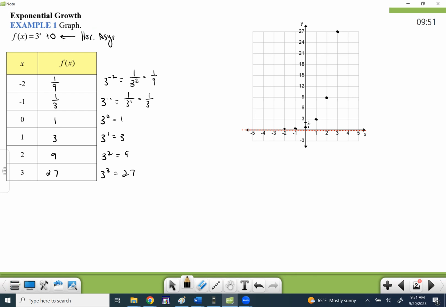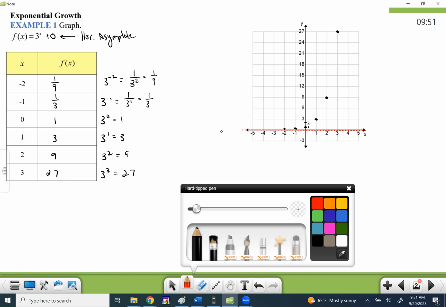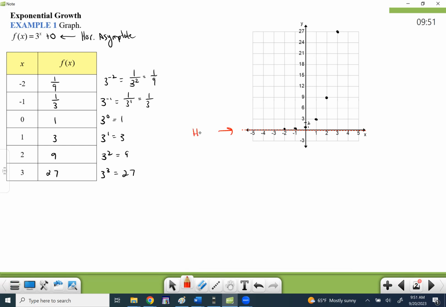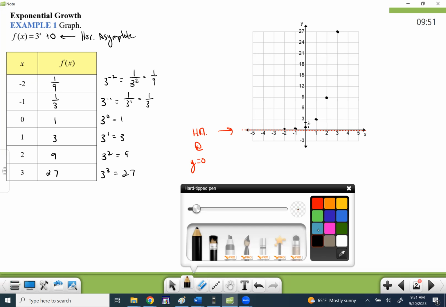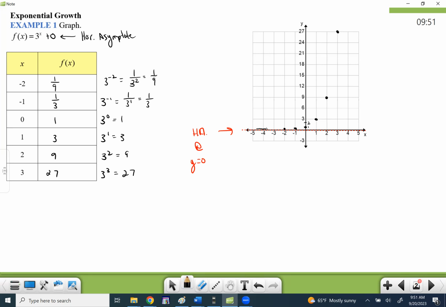So that's why I made my horizontal asymptote here, I'll just put HA for horizontal asymptote, at y equals 0. All right, so we are not going to touch that asymptote. We'll get really close to it, but we're never going to cross it. And there is our graph, okay?